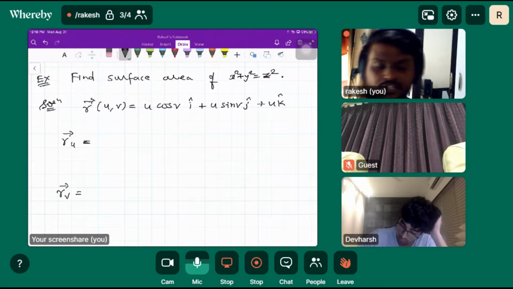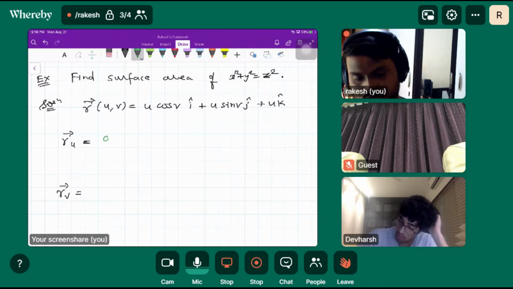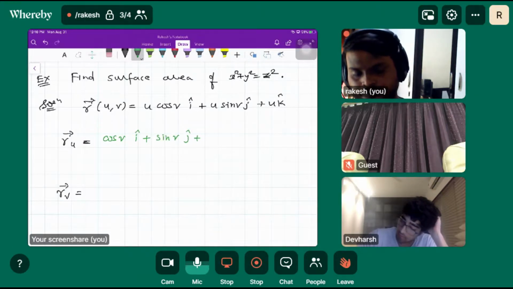So what is the partial derivative of r with respect to u? That's cos v i cap plus sin v j cap plus k cap.